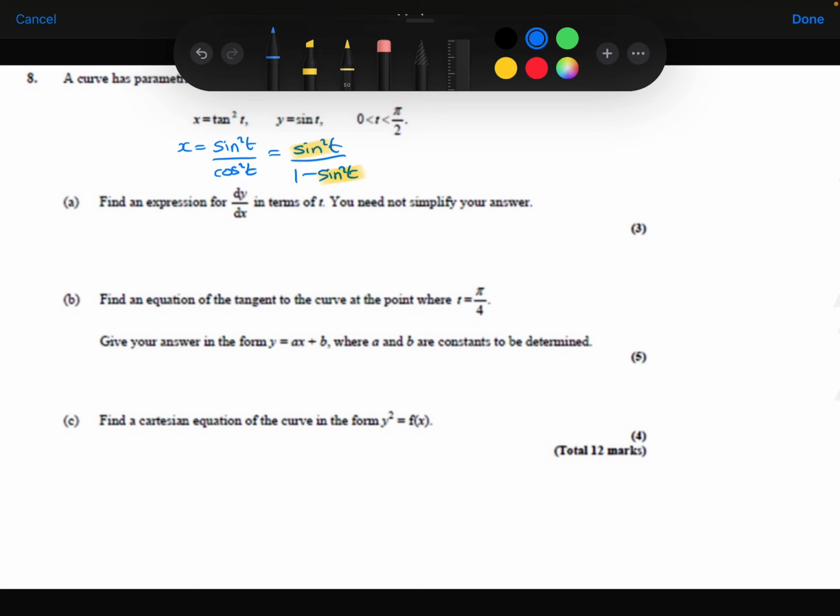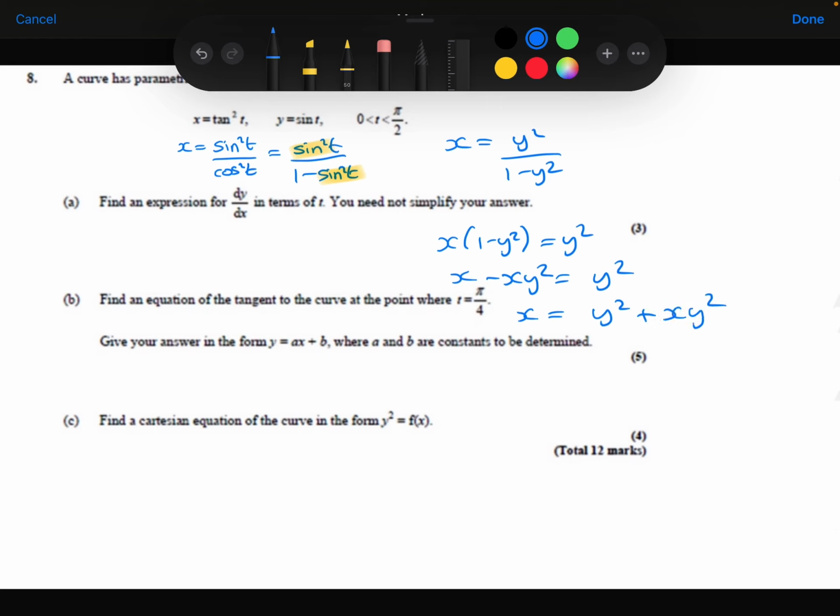So I can now say that x is equal to y squared over 1 minus y squared. And I'm just now going to make y squared the subject. So multiply both sides by the 1 minus y squared. Expand those brackets. Move the y's so they're on one side together. Factorise. And then divide both sides by 1 plus x. And that is my answer for part C.